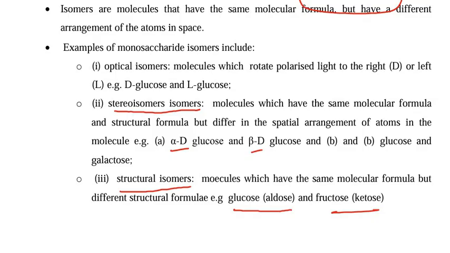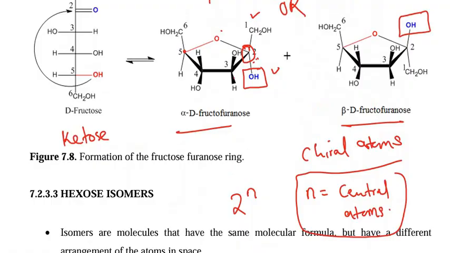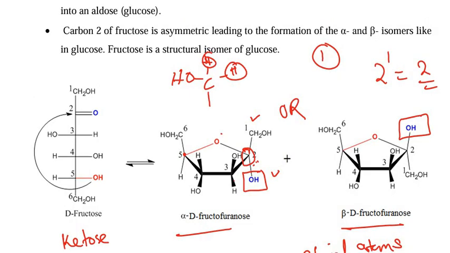But how about between a ketone and an aldehyde? You know the structure of fructose is a ketone, so what we mean by structural isomers is that you just shift something in the fructose molecule.